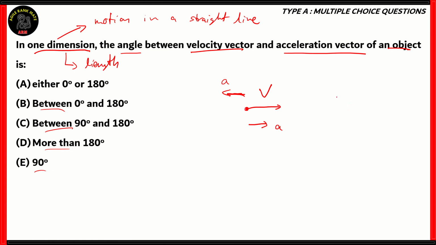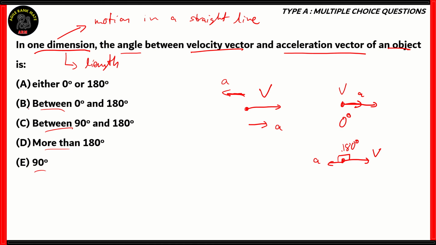So if you have velocity and acceleration in the same direction, then the angle between them would be 0 degrees. On the other hand, when velocity is directly opposite to acceleration, you have an angle of 180 degrees between them because they're directly opposite.